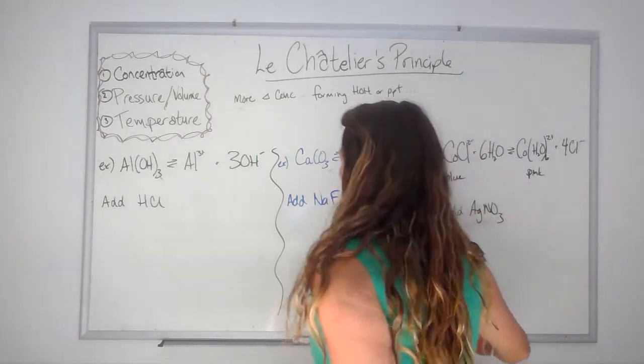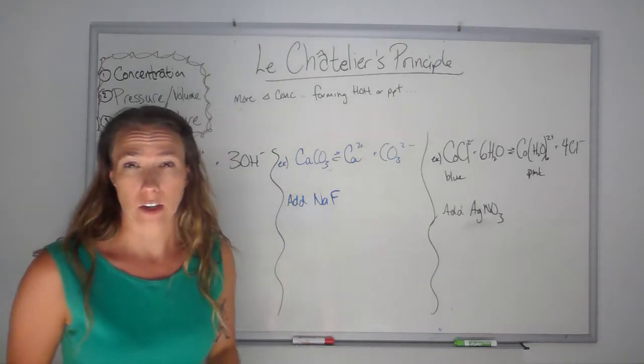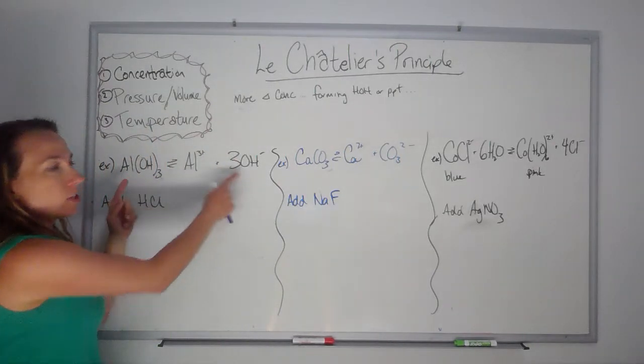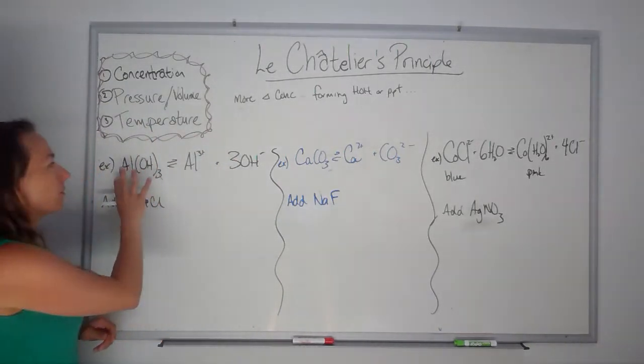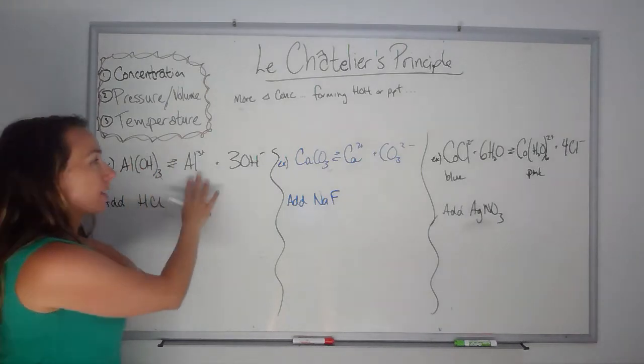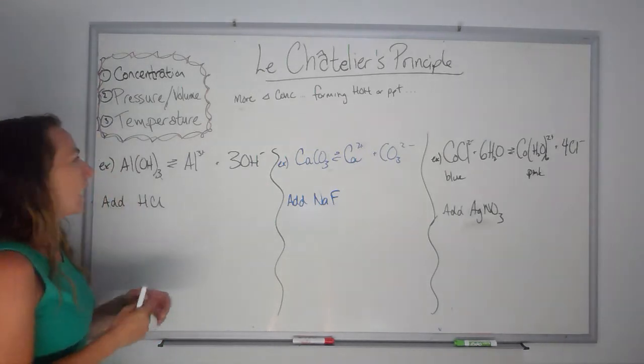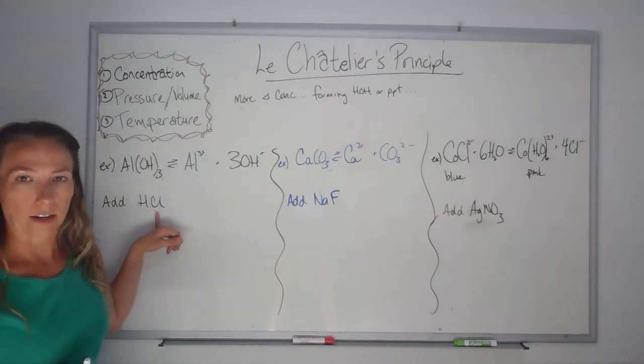So let's say we're going to end up forming a water or a precipitate on these weird ones. So here, these are all aqueous. I have some, what is this stuff? Aluminum hydroxide, and I'm making aluminum ions and hydroxide ions. So just a dissociation equation here. And I add some HCl to this reaction.